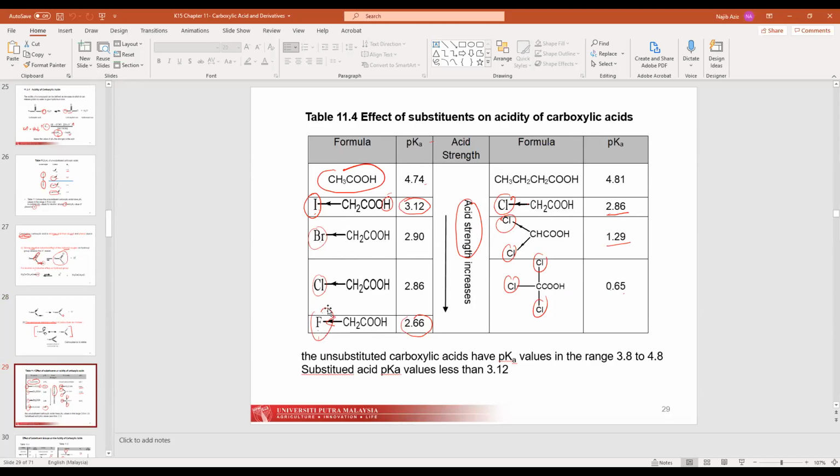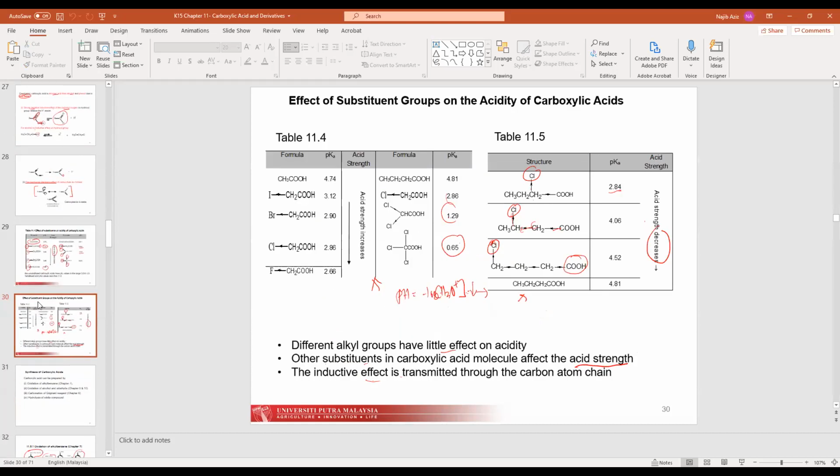So more inductive effect yang berlaku lah, lagi banyaklah dia tarik elektron. So make the ion more stable. Okay, the position of the halogen atom pun mempengaruhi the acidity of the carboxylic acid. So semakin jauh dengan functional group, the acid strength will be decreased.